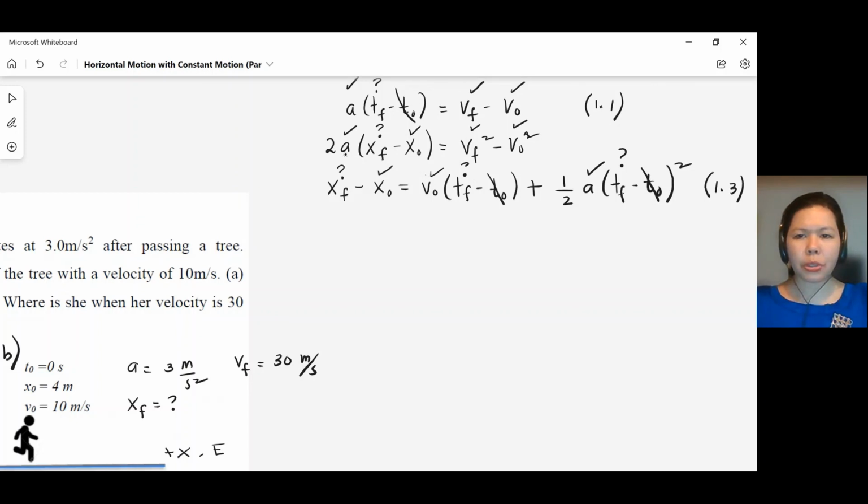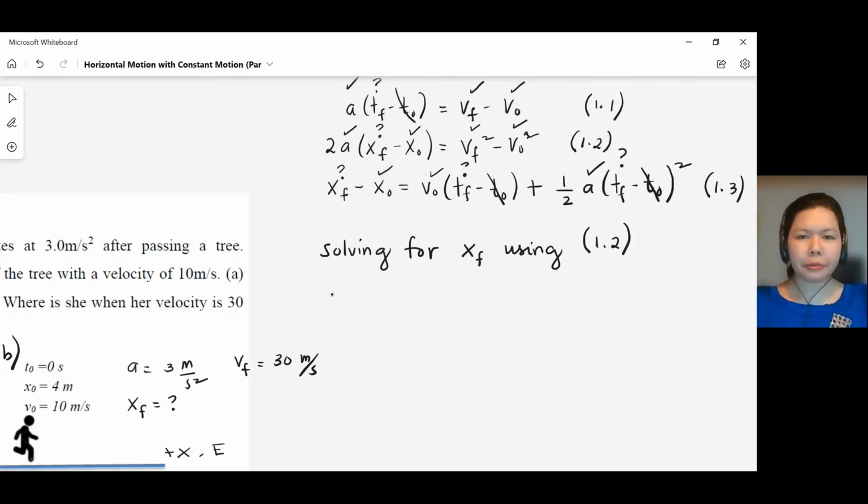Let's say we will use the second equation since we are looking for X final and it is unknown in the second equation and the rest of the variables are given. So solving for XF using 1.2.